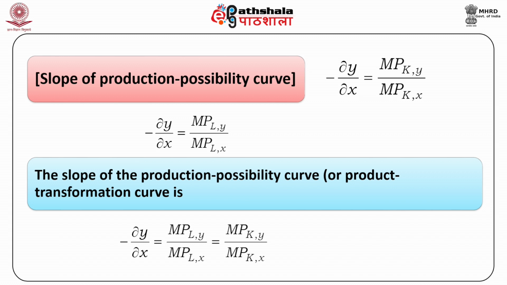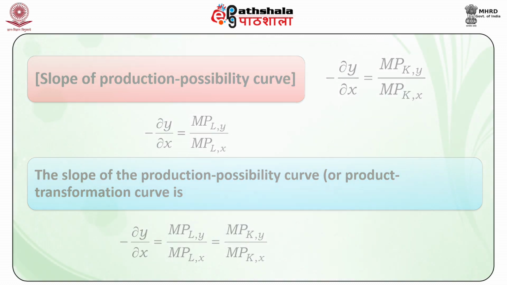The slope of the production possibility curve, which is the product transformation curve, can therefore be simplified as minus of del y upon del x, which is equal to marginal product of labor in production of y divided by marginal product of labor in production of x, which is exactly equal to the marginal product of capital in production of y divided by the marginal product of capital in production of x.